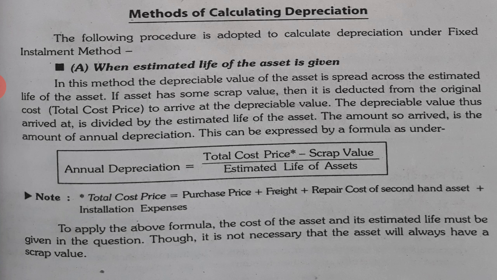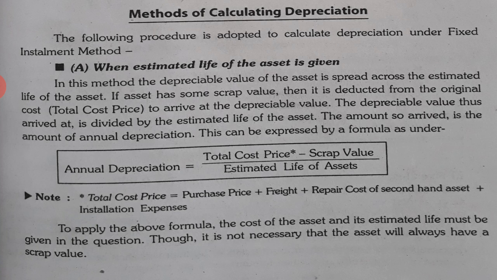So the formula for depreciation is original cost of the asset minus scrap value, upon estimated life. So this is the formula to find out annual depreciation. You remember this?